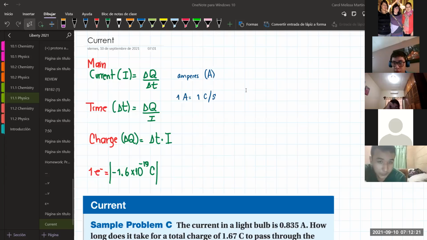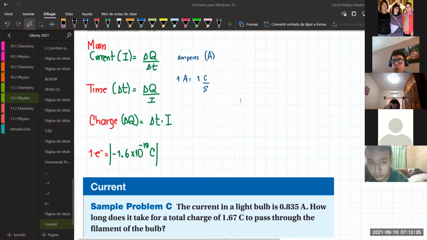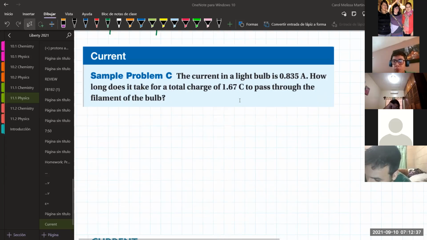So in case that sometimes you need to cancel units, this is what it represents. Okay, so in this sample problem, very simple, we're talking about a light bulb.